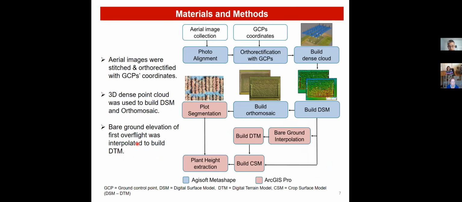So from each image collection, we had to process and extract features. First, we use a structure from motion software called Agisoft Metashape, where the first step consists of aligning the pictures and discarding those with lower quality. And after that, we import the coordinates of the ground control points, and that helps us to rectify, as I mentioned before, these images.